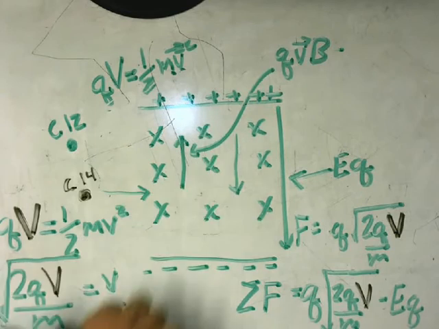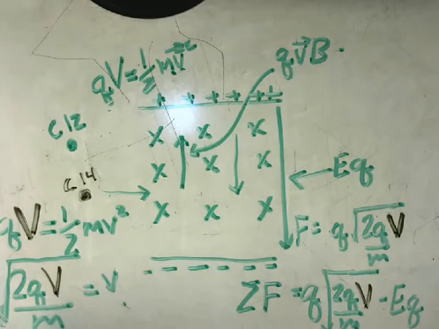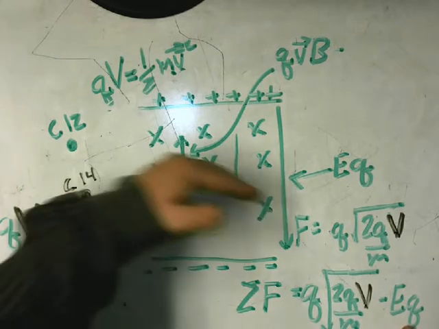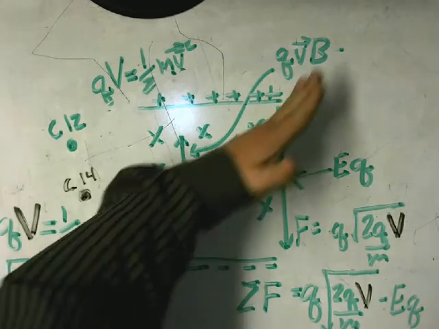So what ends up happening is the particle deflects. If it's too big, this term turns small, this becomes the big term, it deflects in this direction. If it's too small, this term turns big, and it deflects up into this direction.